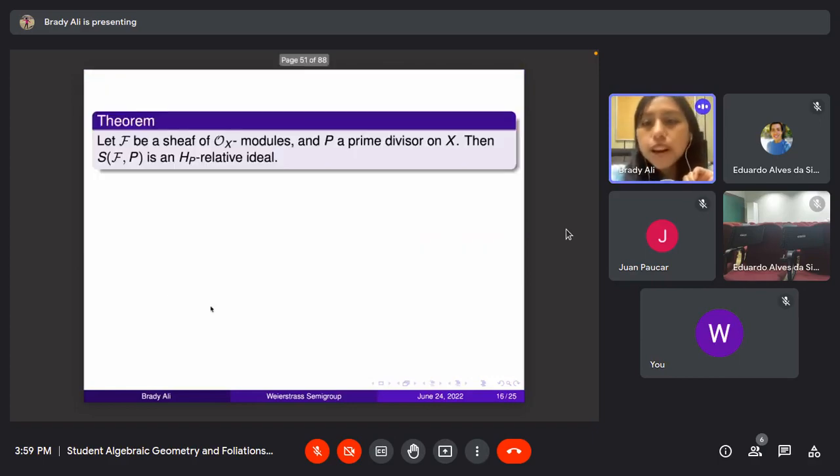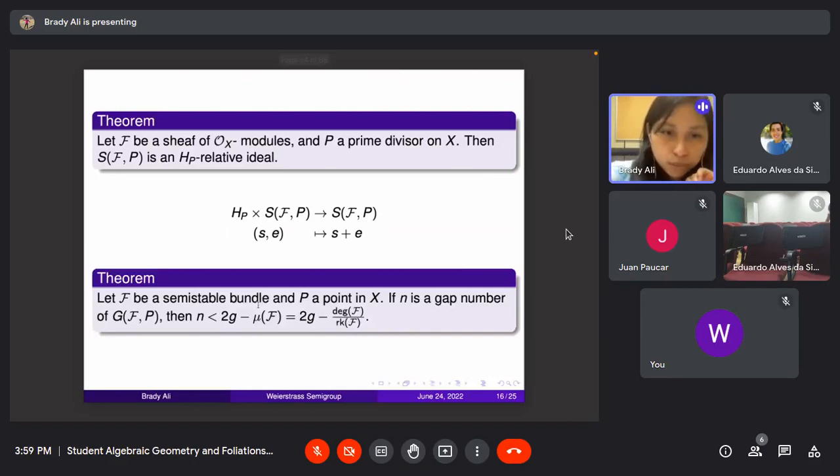So we were able to prove that this generalization, S_F(P), is an H(P) relative ideal. For that, we just have to define this action and prove that it is well defined.